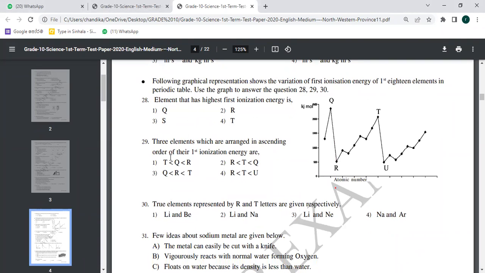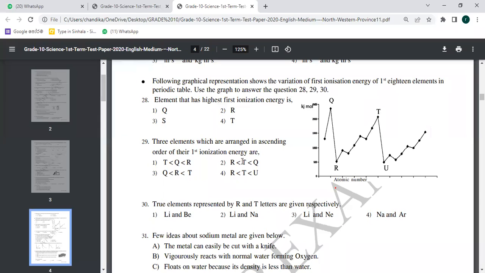Question number 28. The following graphical representation shows the variation of first ionization energy of the first 18 elements in the periodic table. Use the graph to answer questions 28, 29, 30. There are 3 questions.